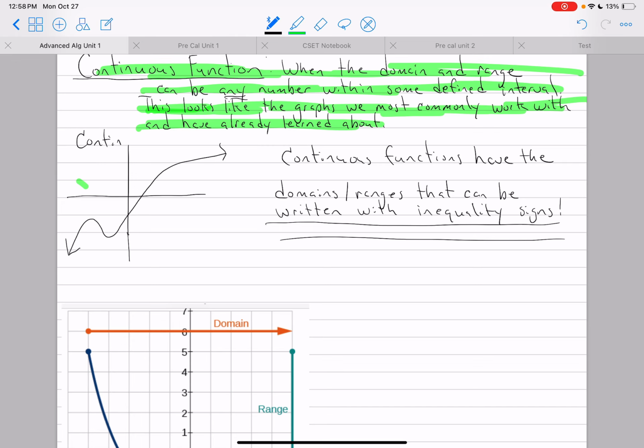It has this point, and this point, and this point, and this point, and everything in between all of those points is also possible. So continuous functions have the types of domains and ranges that can be written with inequality signs.